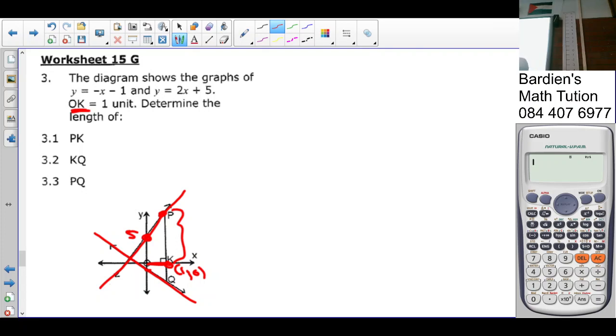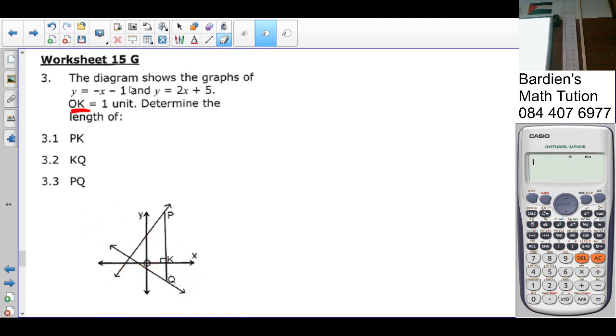You guys confused there now? Let's go again. They want to know the length of PK. But PK is also the y value of the coordinate of P. Why? Because the y value for the coordinate of K is 0.